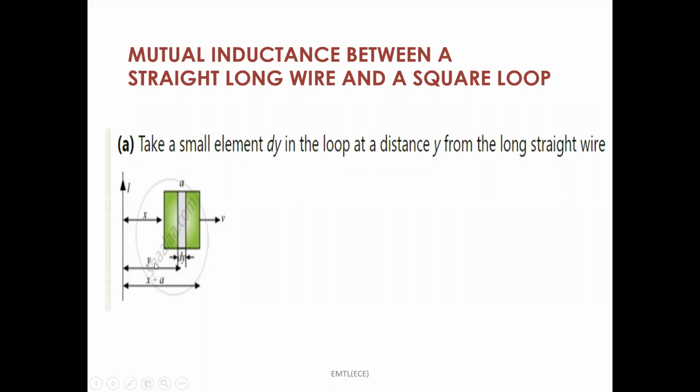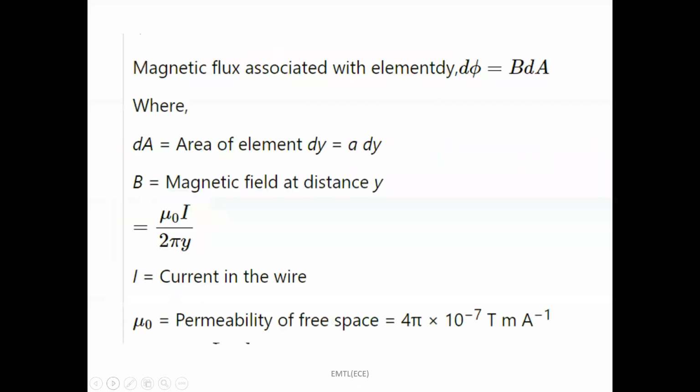With the help of Biot-Savart's law, the expression for the magnetic field intensity at a distance y from this current carrying wire is mu naught I by 2 pi y.